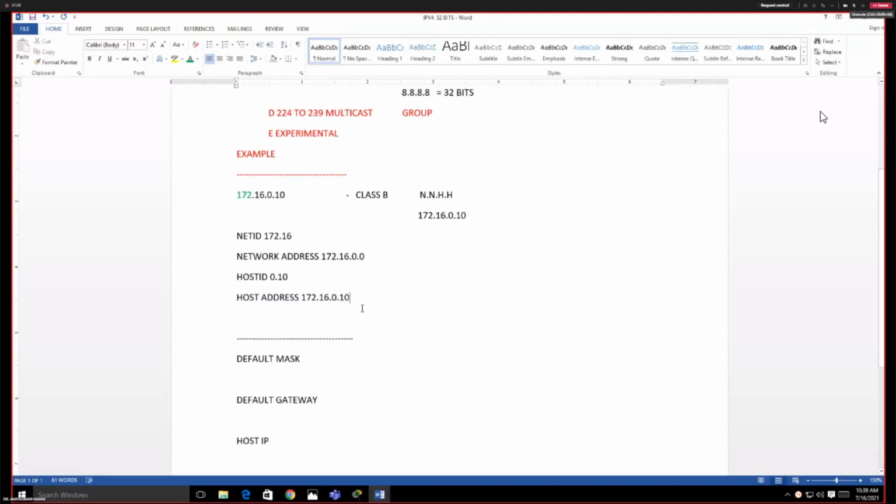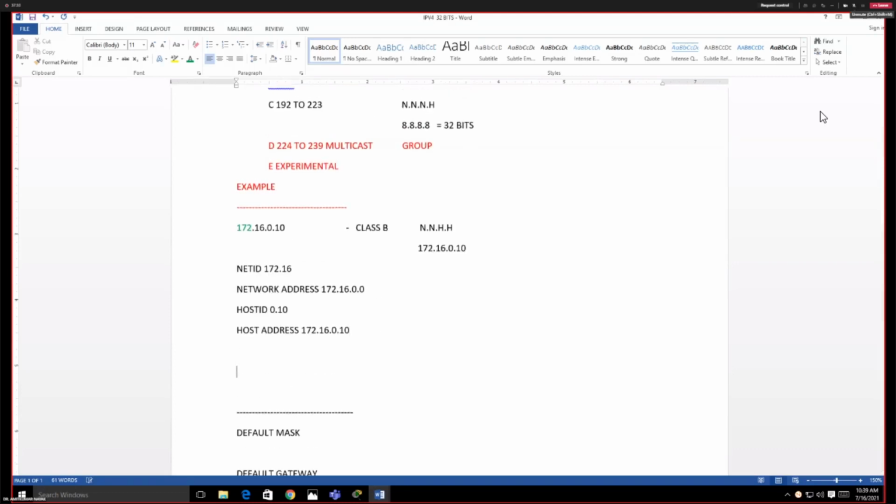So if we consider one more example, this was example number 1. Now in the second example, I consider the IP address 10.11.0.2. Please write this IP address in your notebook.